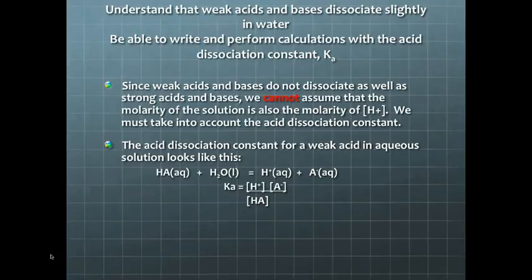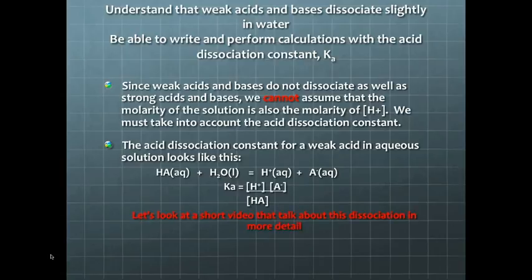Let's look at a weak acid, HA. We add water to it, it dissociates some into hydrogen ions and A- ions. The Ka, just like we did with equilibrium, is the hydrogen ion concentration times the A- concentration divided by the HA concentration.